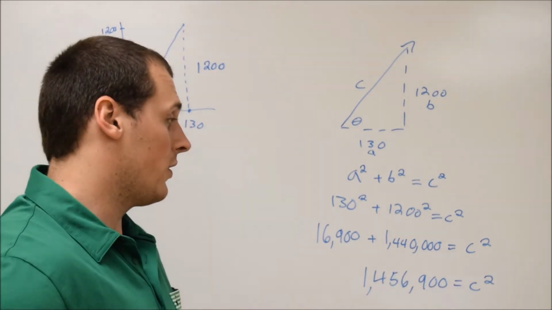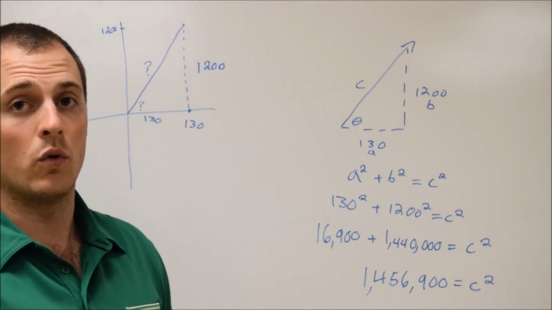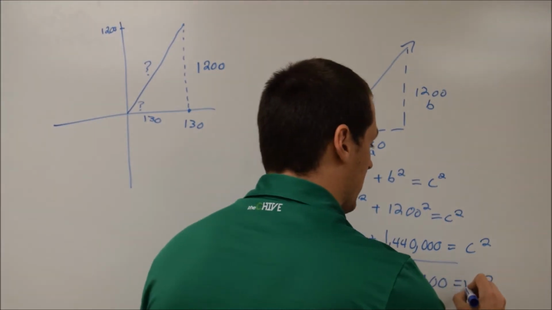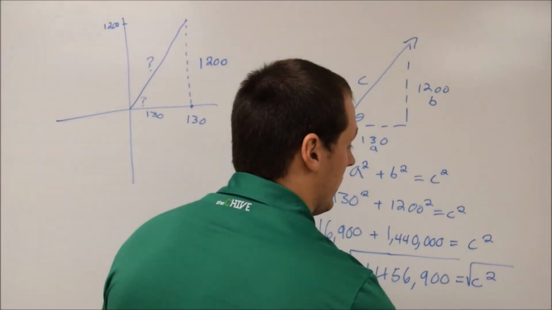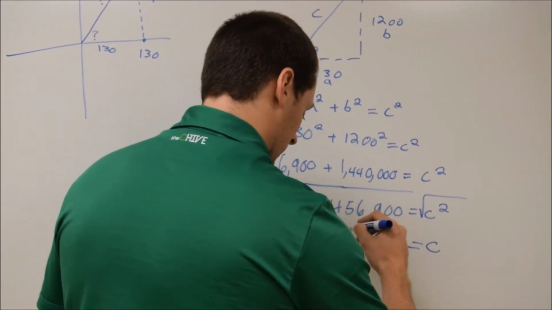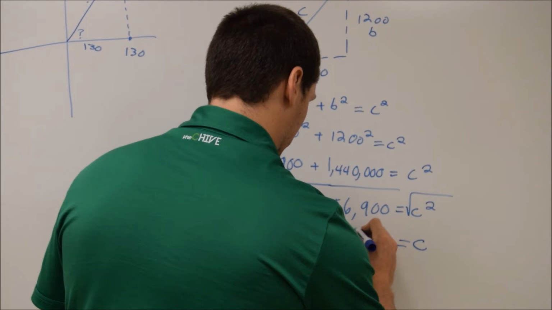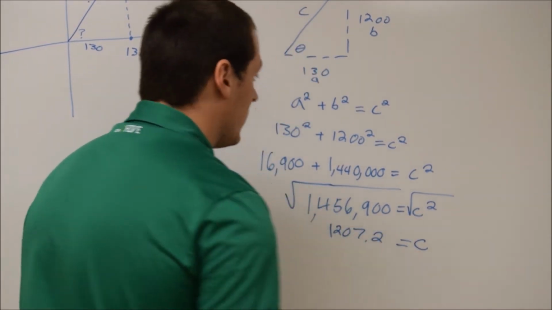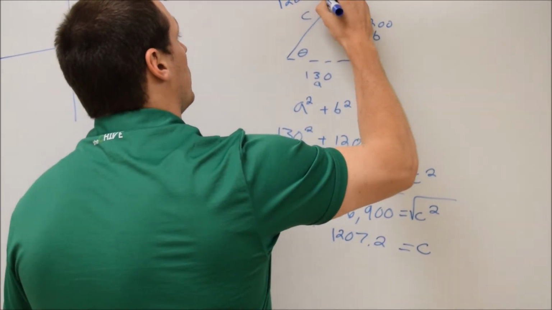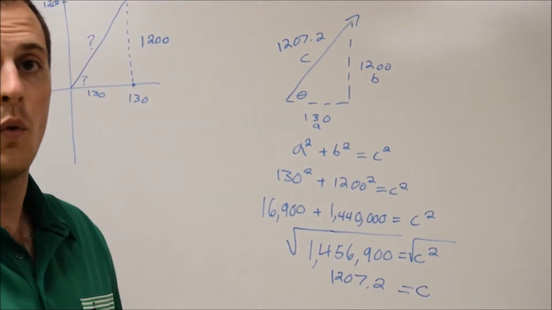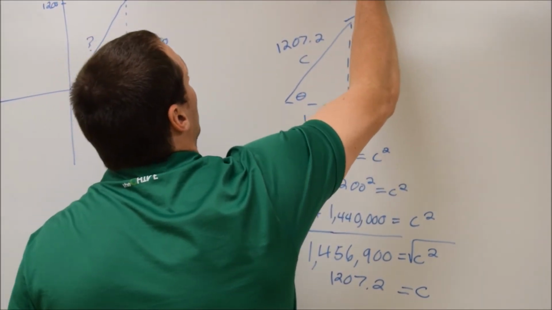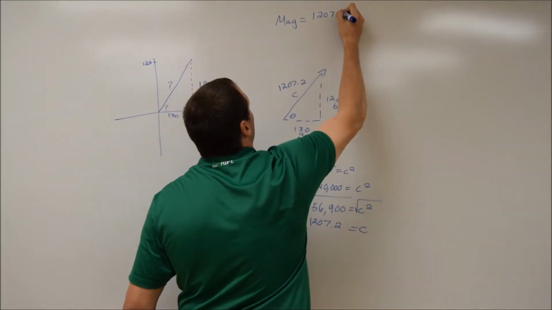And then add those up together, and then we get a really big number, but that's cool, because then we just take the square root of both sides, and then what we get is C is equal to 1207.2. So now we know this side length here to be 1207.2. So that's going to be your answer for the magnitude. So the magnitude is going to equal 1207.2.